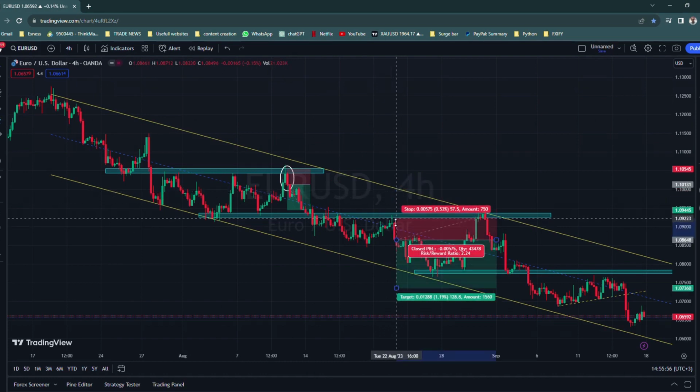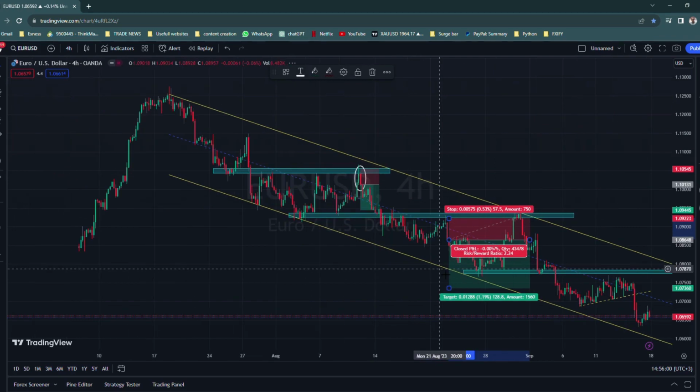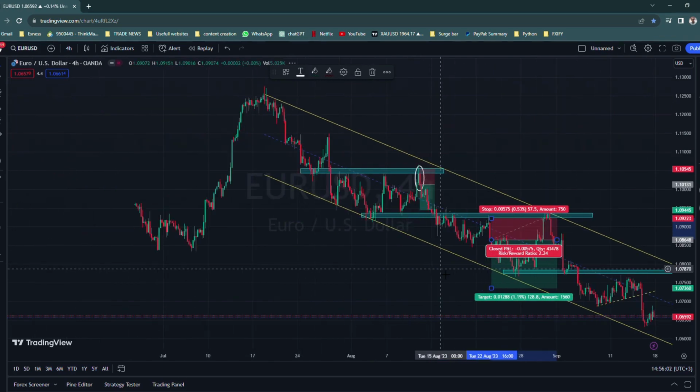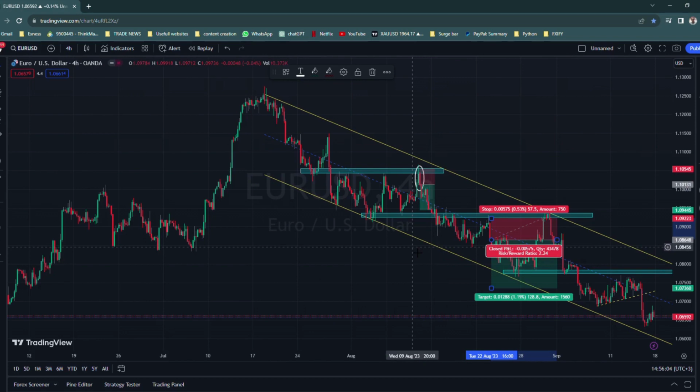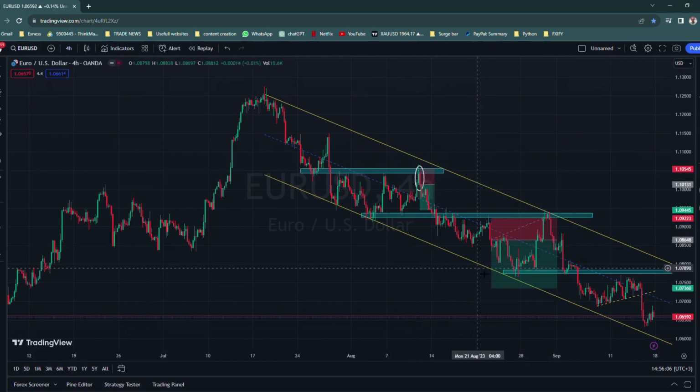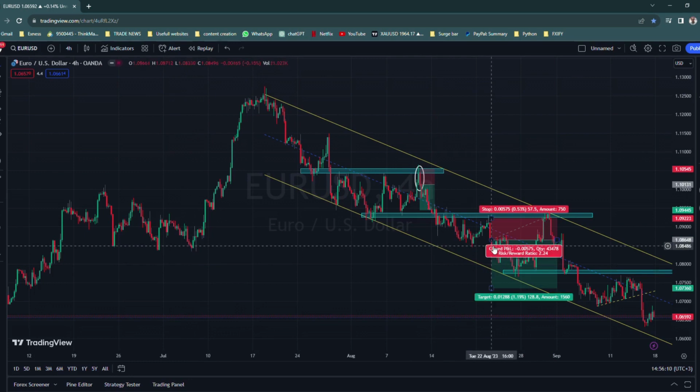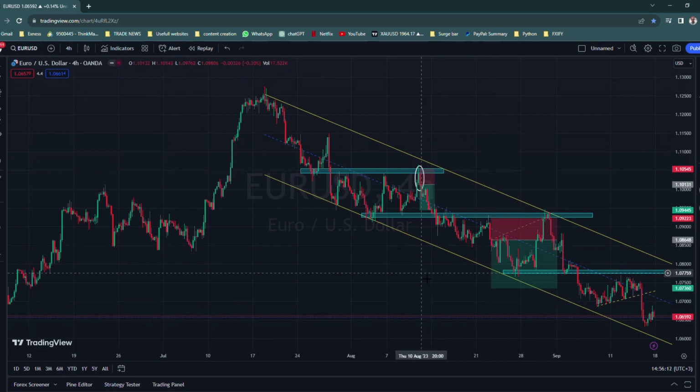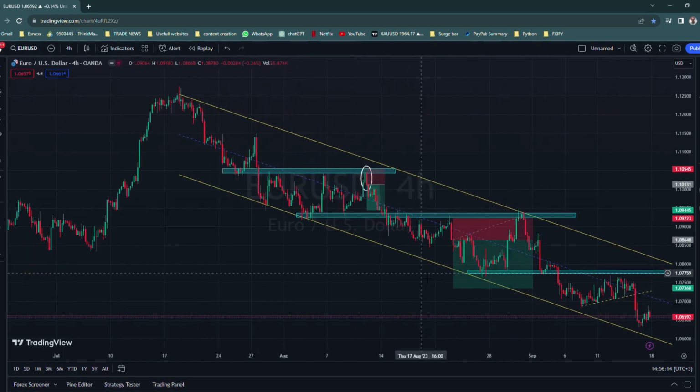We keep our stop loss right there, and we target a previous point where price has made a support, and it's right here. In this case, this is not a good target, which is a good chance to explain something.